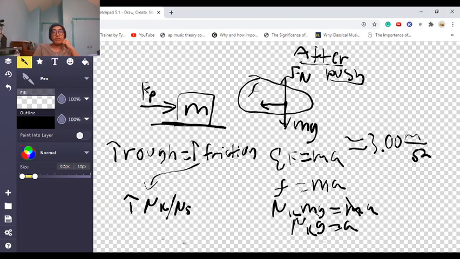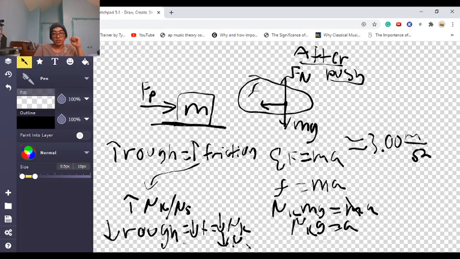So if you're making a surface smoother, then you are decreasing roughness, which would equal a decrease in friction, which therefore decreases the static coefficient of friction and the kinetic coefficient of friction.